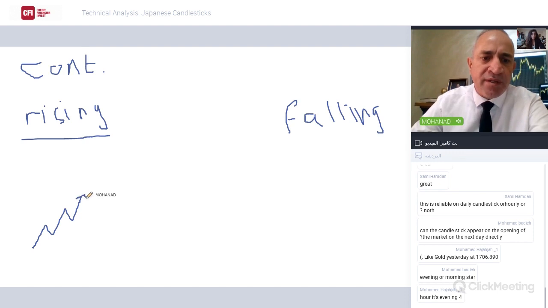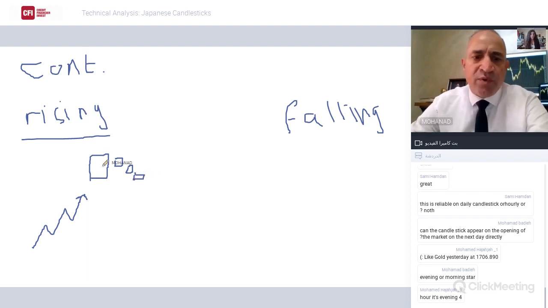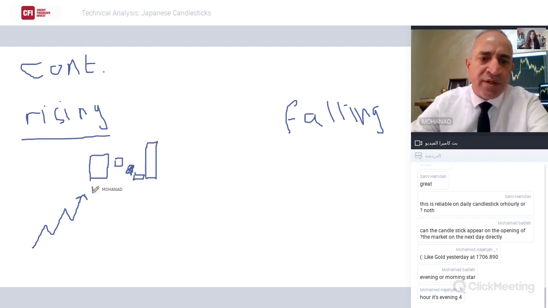moving in an uptrend. Then I have a white candlestick, followed by at least three candlesticks, regardless of color, white or black, and ending with a new white candle that must close higher than the close of the first one.